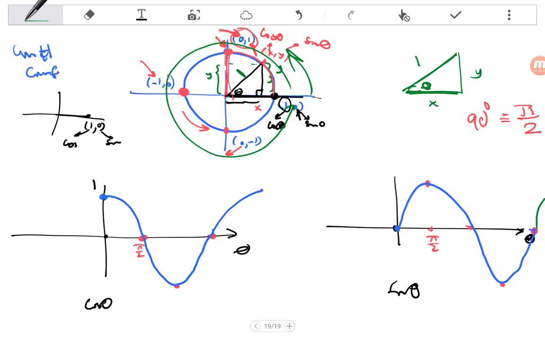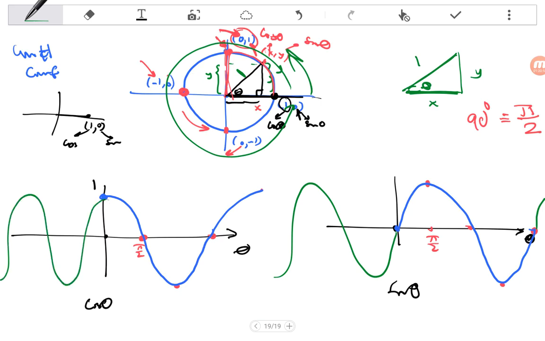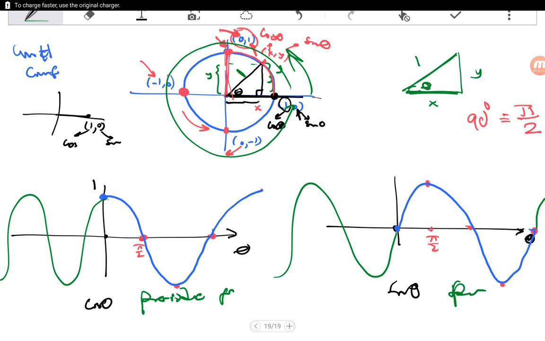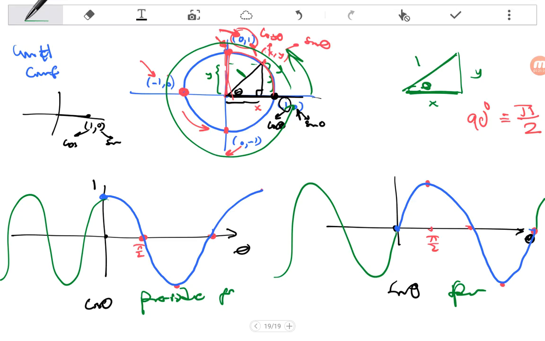So that's why cosine theta and sine theta are called periodic functions. They just repeat themselves because they are the coordinates of a point moving on a circle, and a circle continues to repeat itself. What is the period?